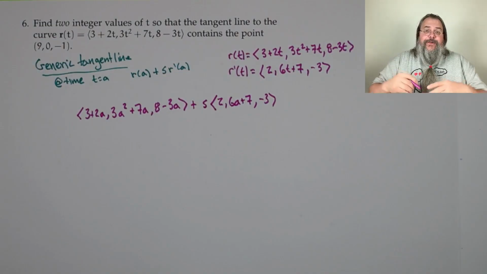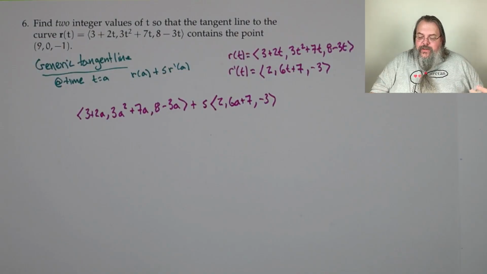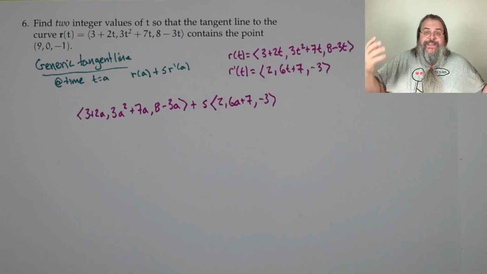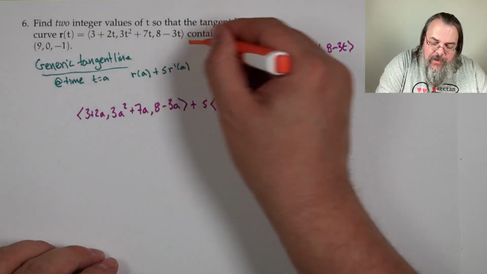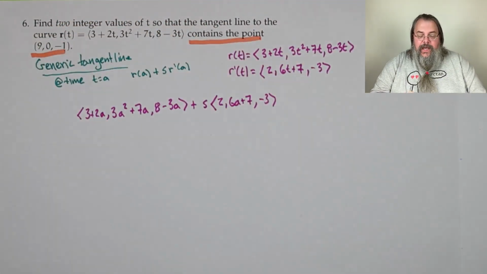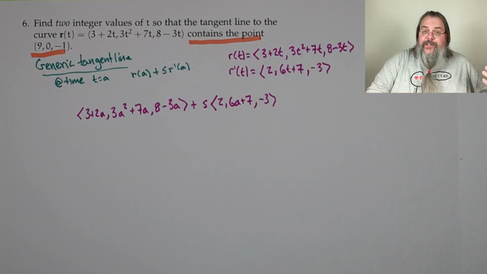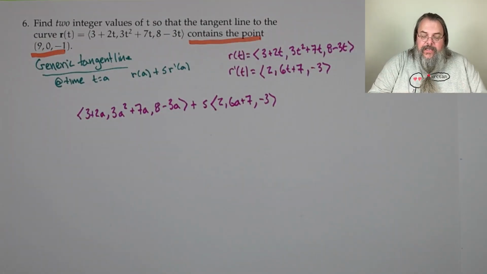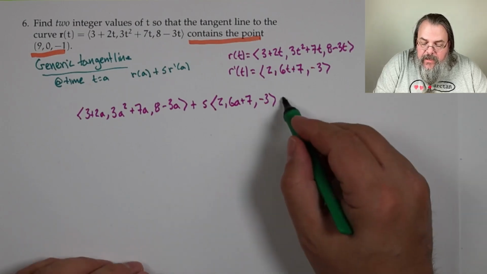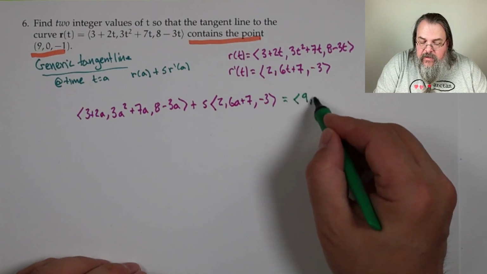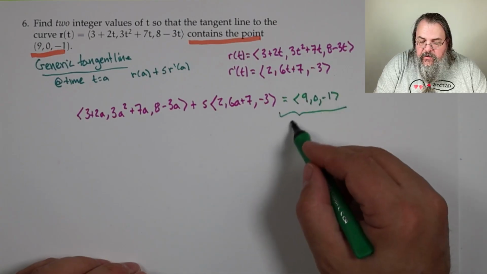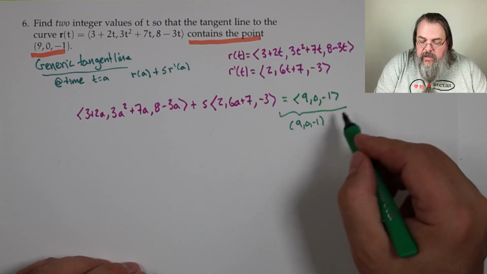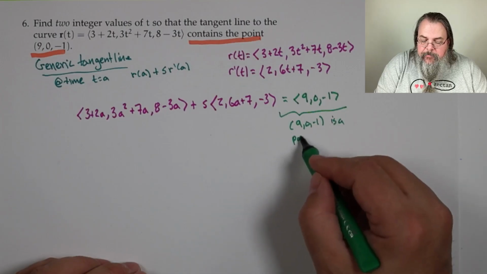So now we found a generic tangent line, which really means I've got all of them. Which ones do we want to keep? Well, we want to make sure we contain a specific point. If I contain the point, then there must be some combination so that I get 9, 0, negative 1. So this is saying that 9, 0, negative 1 is a point on the line.